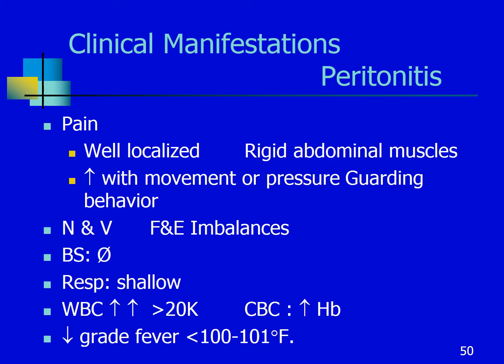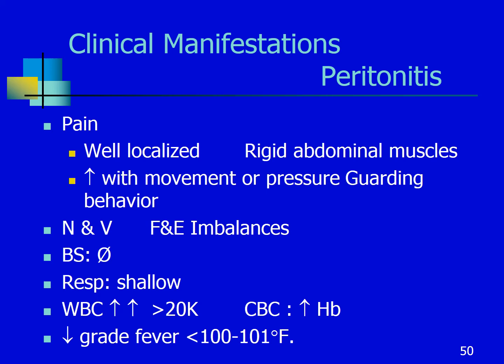Next slide. So one of the clinical manifestations is pain, well localized, with a rigid, rebound abdomen, the muscles. So that's why it's a board-like abdomen. Increases with movement or pressure, guarding behavior. So you're going to see the patient guards. There is nausea and vomiting. There's fluid and electrolyte imbalance.